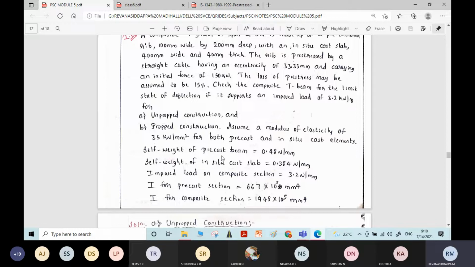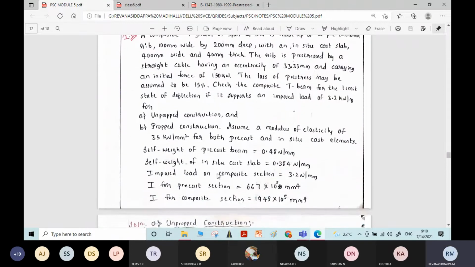Self-weight of the precast beam is given, self-weight of the in situ cast slab is given, imposed load on the composite section is given, and the moment of inertia for the precast section is given. The moment of inertia for the full T composite section is given as 1948 into 10 power 5 mm4.